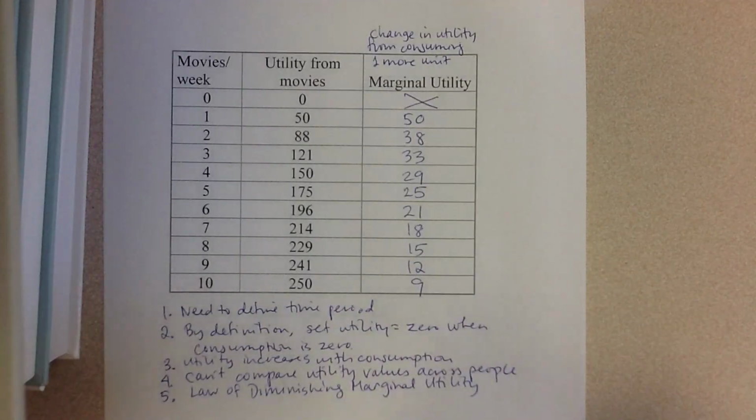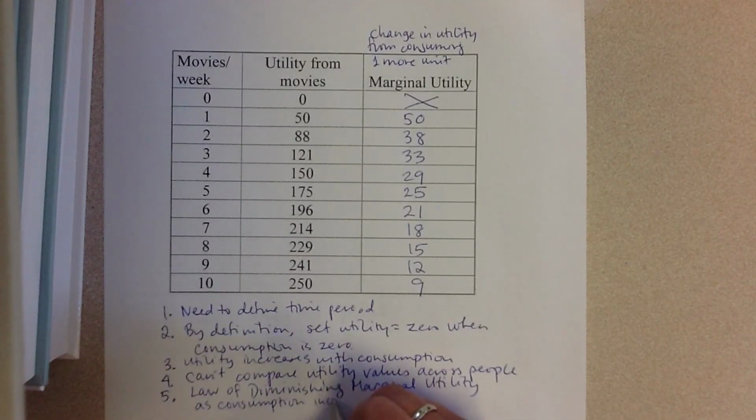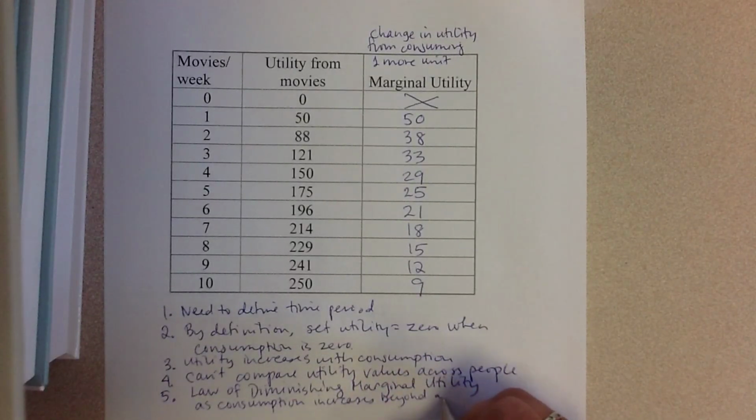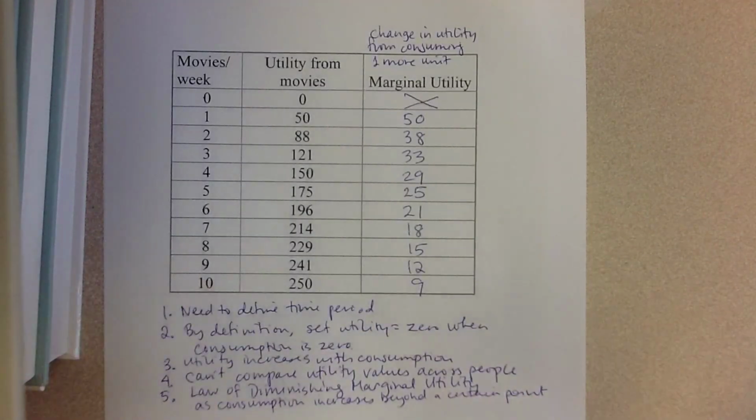As consumption increases beyond a certain point, it may not be diminishing right off the bat, but at some point it's going to start diminishing. The additional utility that results from an additional unit of the good, that's marginal utility.